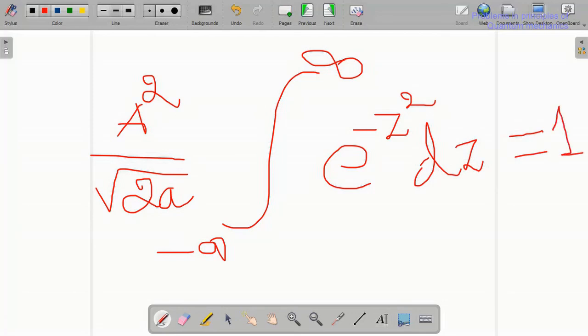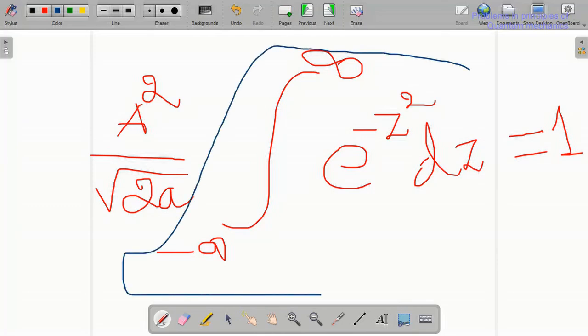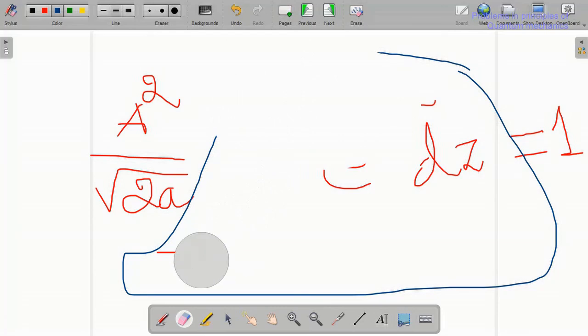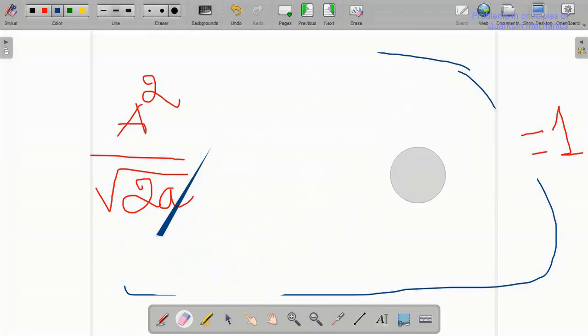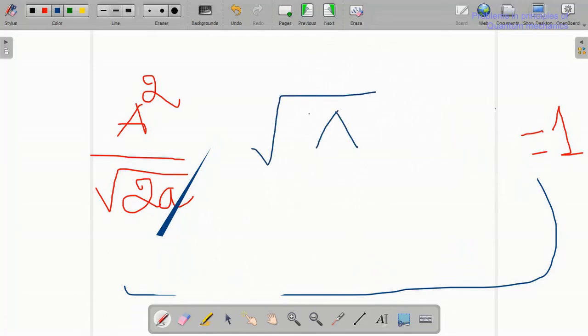What will be the value of the integral of e power minus z square dz from minus infinity to plus infinity? This value will be root pi, the square root of pi.